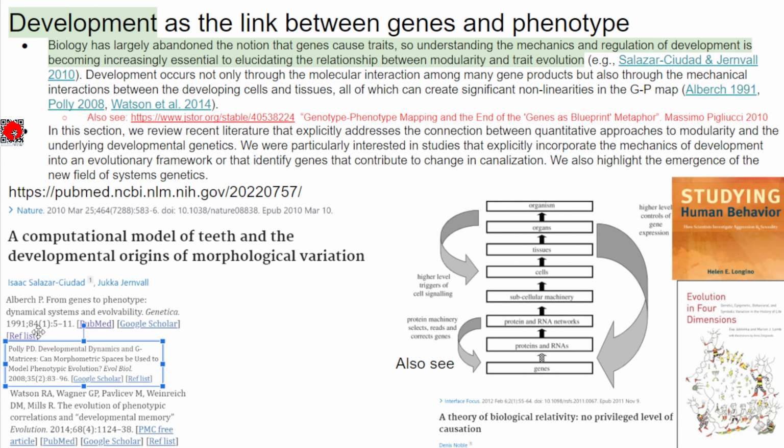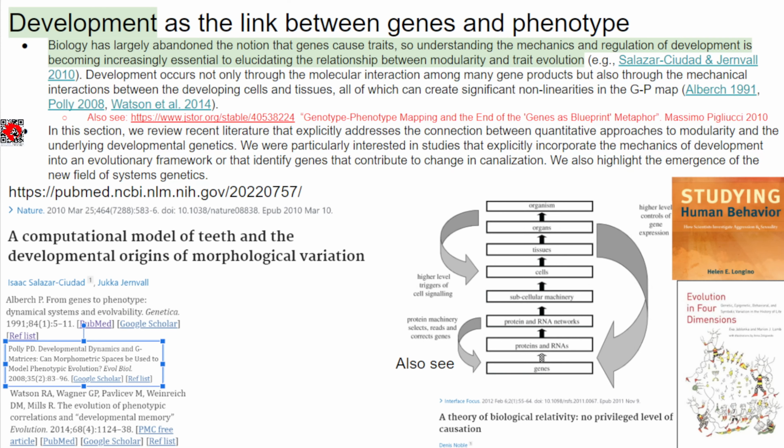Just reading the titles of those three: From Genes to Phenotype, Dynamical Systems and Evolvability; Genetic, Developmental Dynamics and G Matrices, Can Morphometric Spaces be Used to Model Phenotypic Evolution?; and The Evolution of Phenotypic Correlations and Developmental Memory. So all cool ideas and nice citations provided.